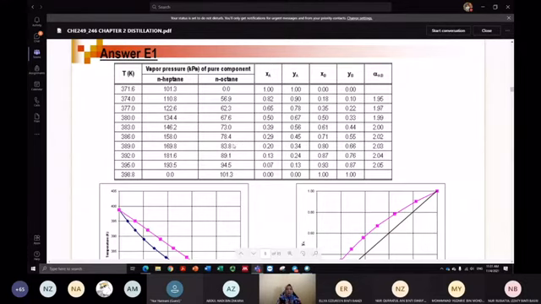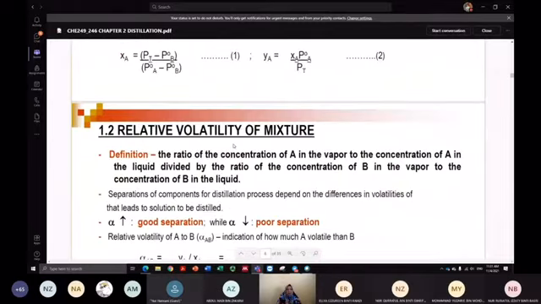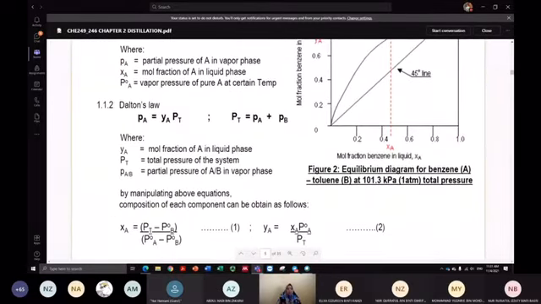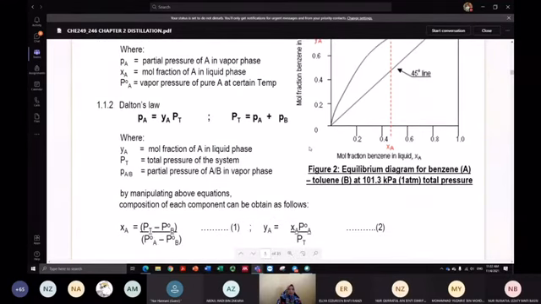Which formula do you want to use? Do you want to use Raoult's law, or Dalton's law, or formula number 1 here and formula number 2?